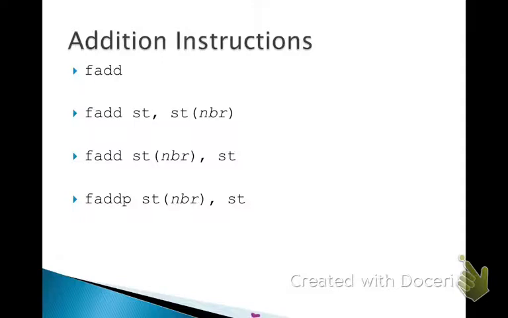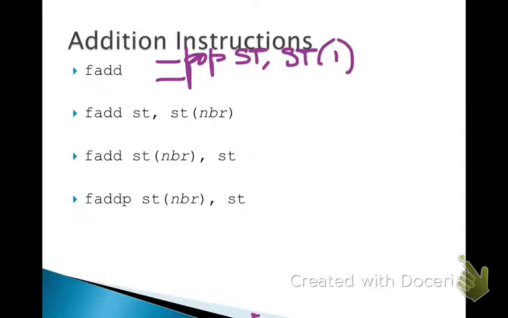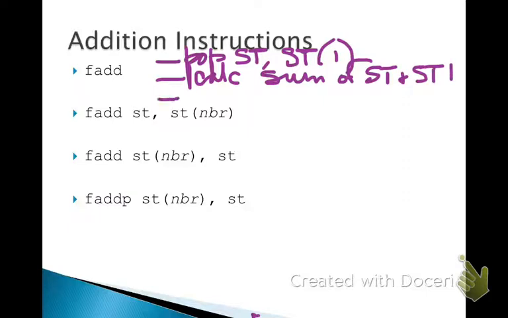It first of all will pop stack top and st1, so the first two registers. It will add them together, so calculate the sum, and then push that sum on the top of the stack.